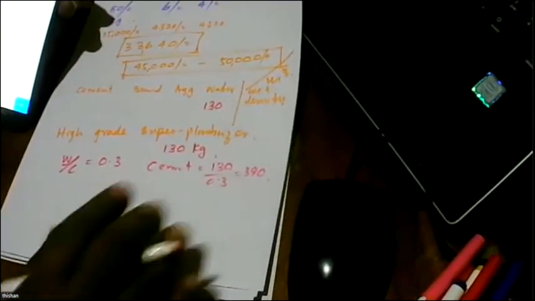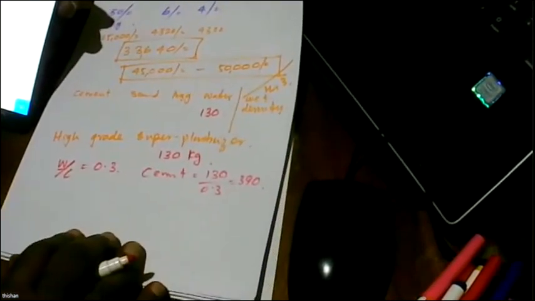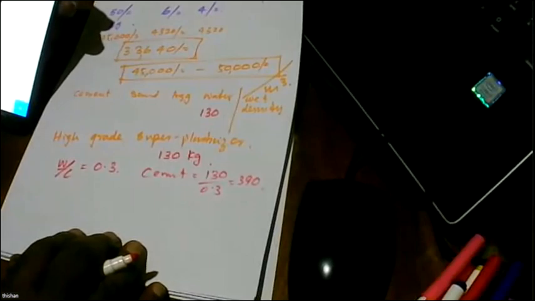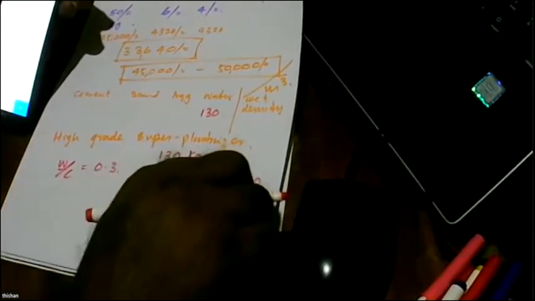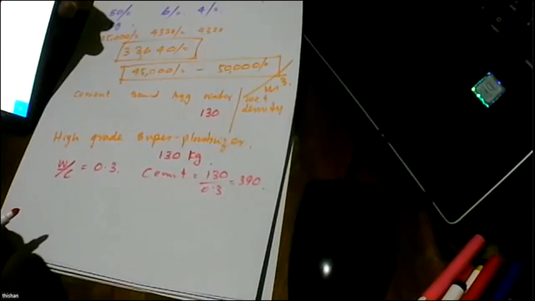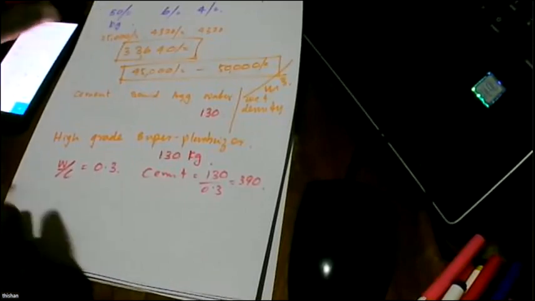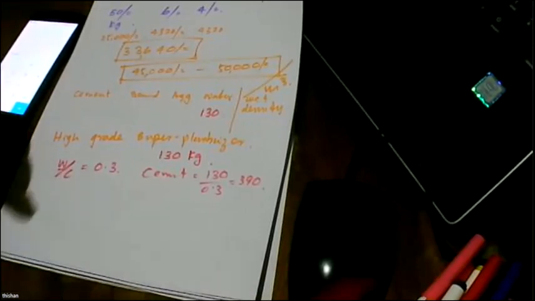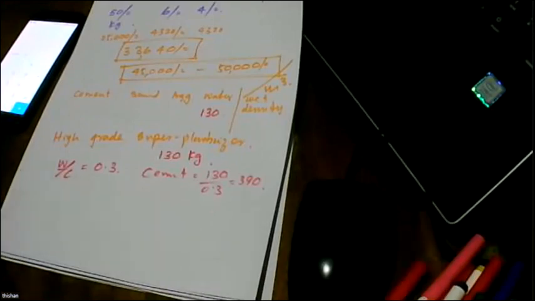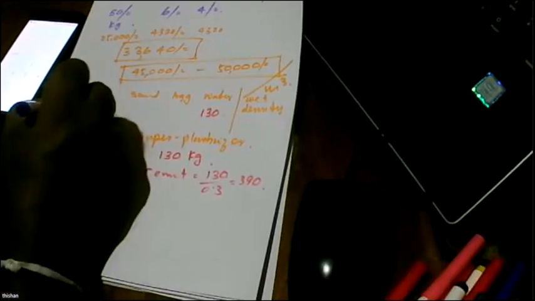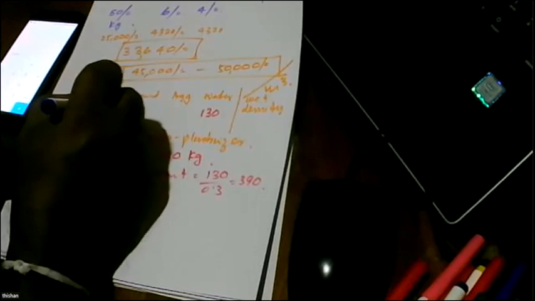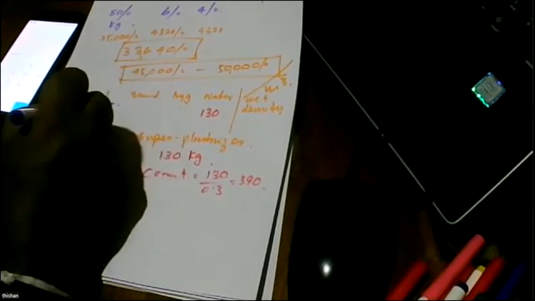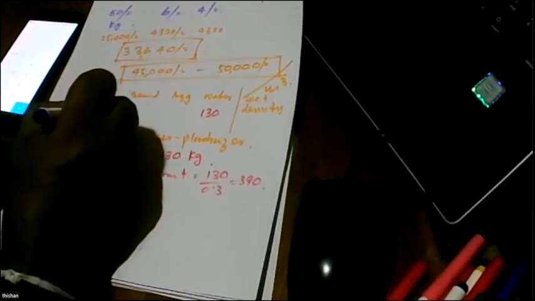Now you can see, when you go for a very low amount of water, it will allow us to drastically reduce the cement content. And here again, we are not going for cement, we are going for cementitious material. So we can say we are going to use 325 cement and 100 fly ash.